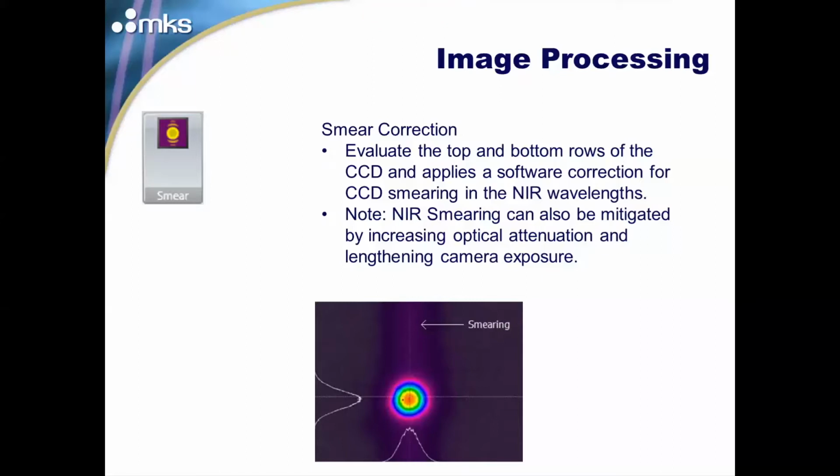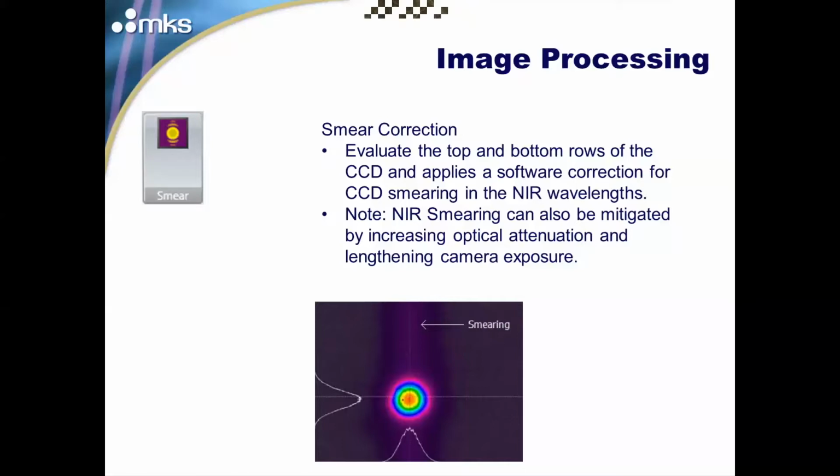One of the problems is that the sensor response, that silicon response, is so low in the NIR that you're still blasting the sensor with a lot of laser energy, which still causes the smear to happen. So while you're getting a low response to your beam, that sensor is still getting hit with a lot of energy, and that causes the same phenomenon.